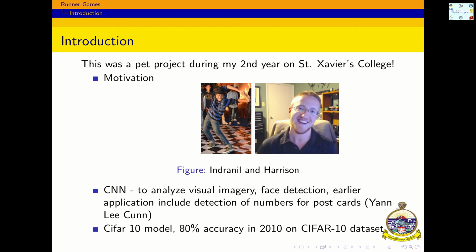When Alex Krizhevsky built the first CNN model, known as a Deep Belief Network, after utilizing the GPU's power, machine learning became popular, since humans were now able to perform massive amounts of computation in a short period of time. Later came the CIFAR 10 model, which gave 80% accuracy in 2010 on the CIFAR 10 dataset.